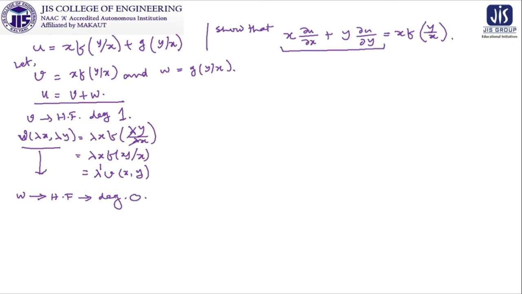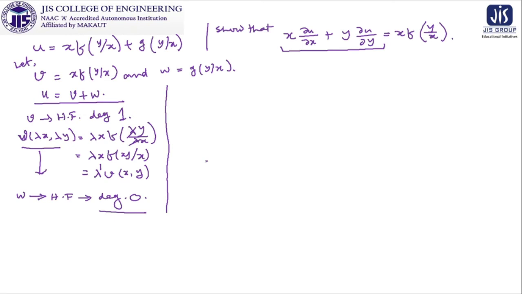These two are important observations for this problem, and after observing these two things we will start applying Euler's theorem not on u but on v and w, because we have not claimed u is a homogeneous function. If you try to check whether u is homogeneous or not, you will see that it is not, because the first part will give you lambda and the second part will give you lambda to the power 0.